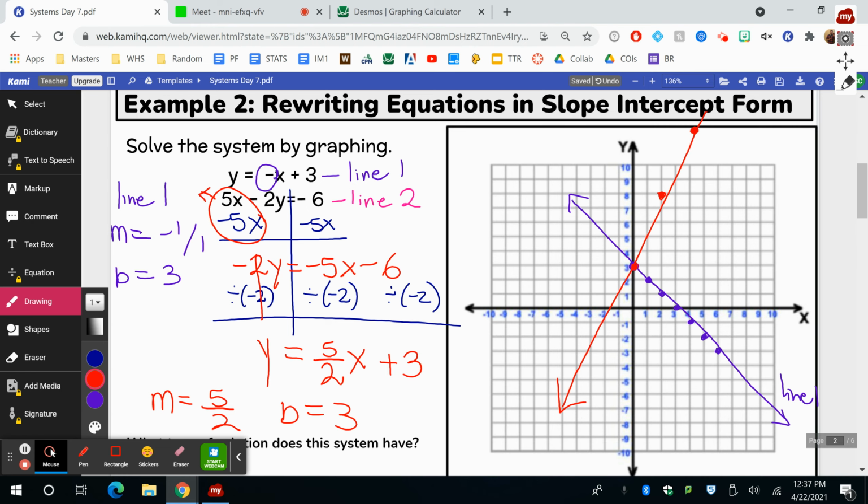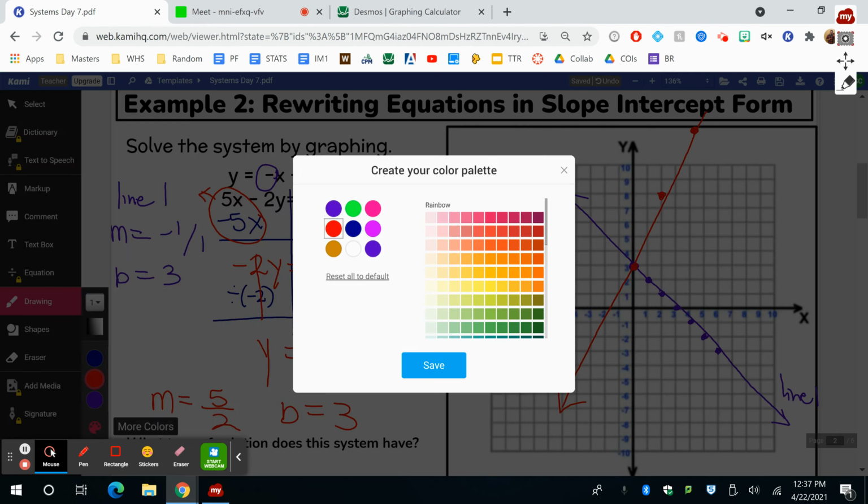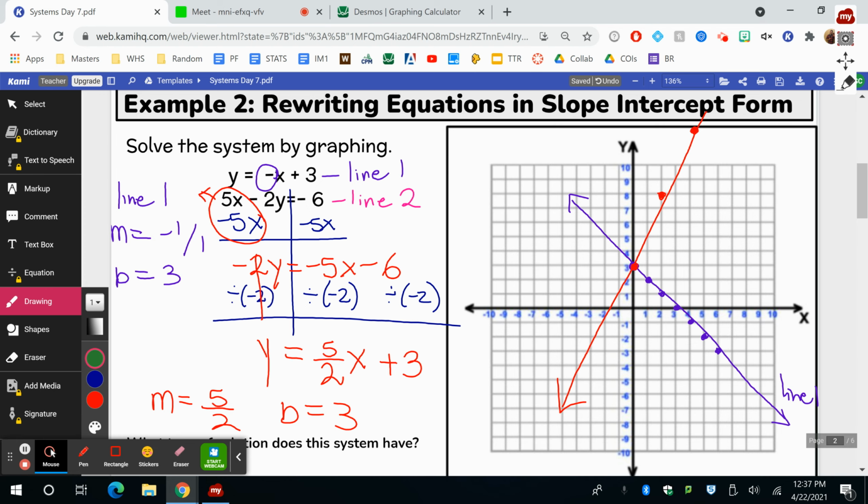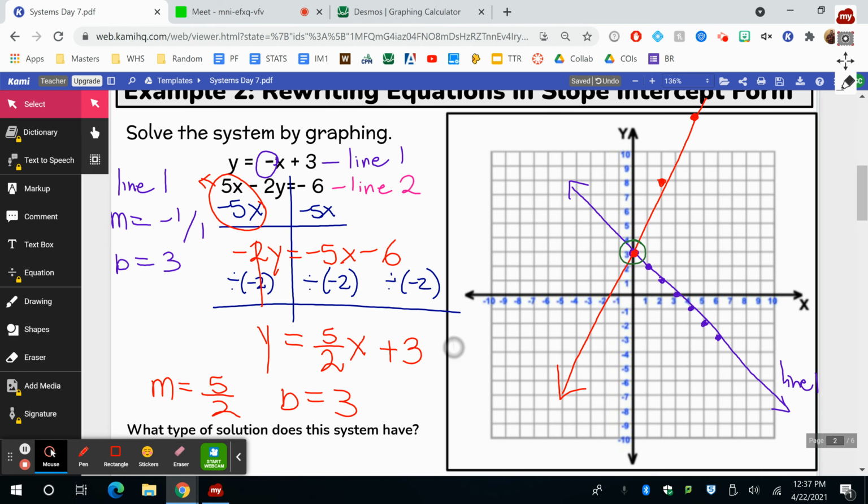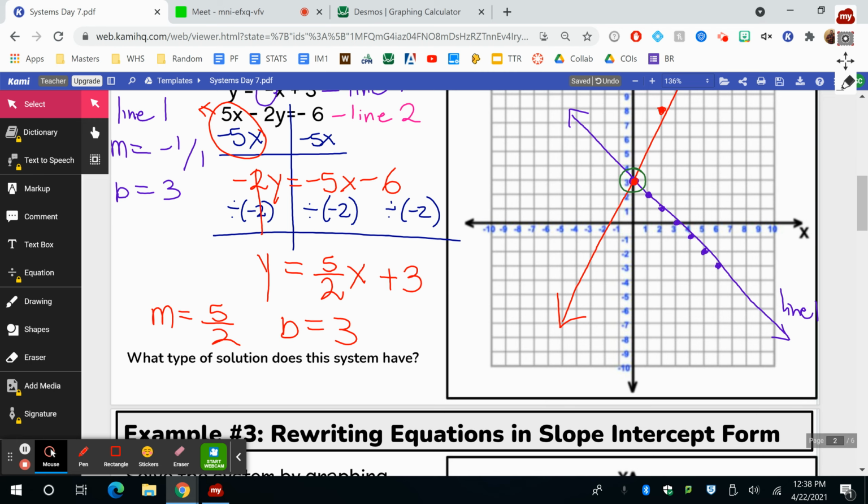Okay, so now if you can tell here, the lines intersect at that point. That's what they pretty much go through. So that's what's going to help us answer the question that follows. What type of solution does this system have?